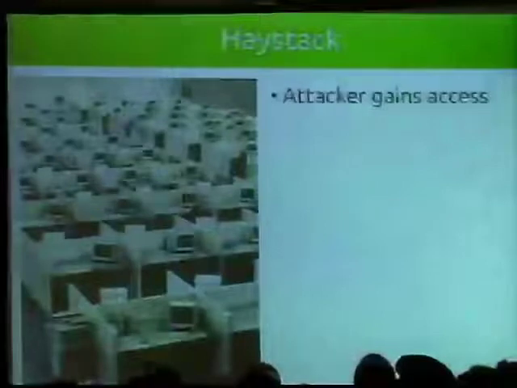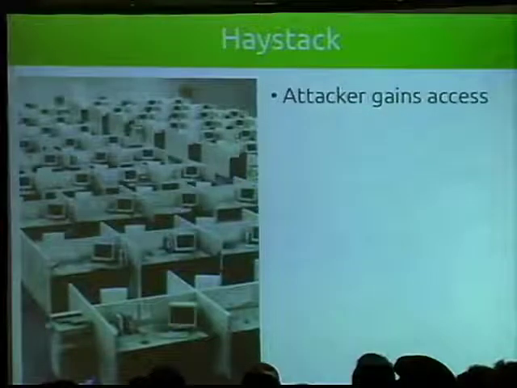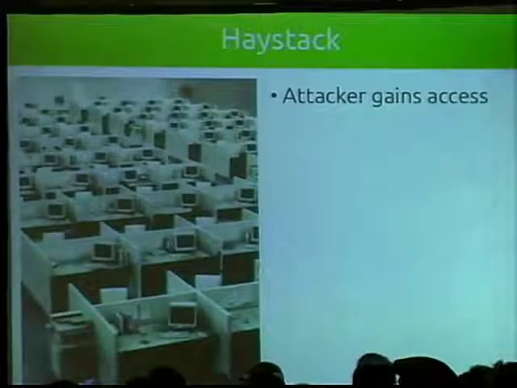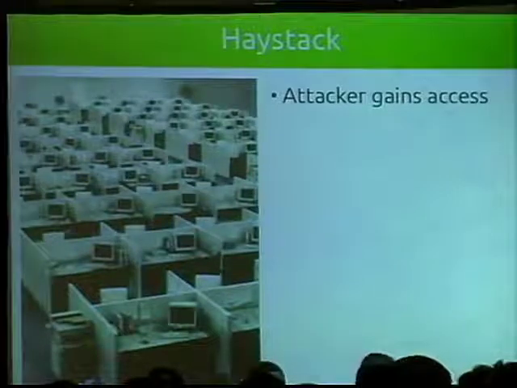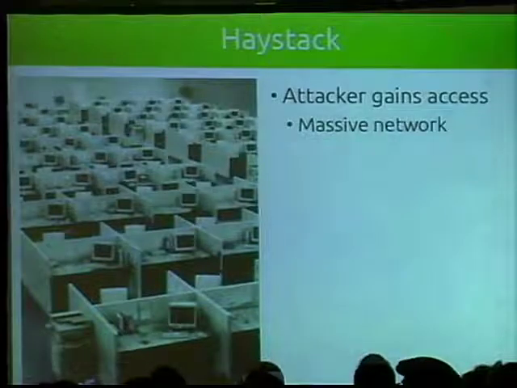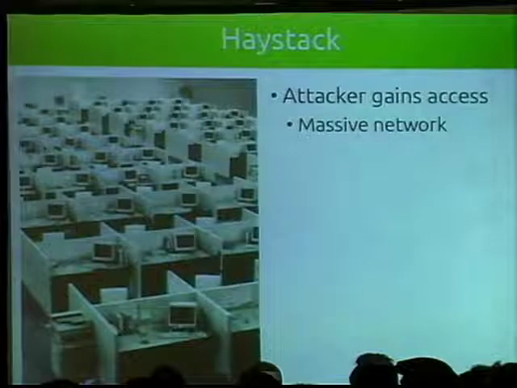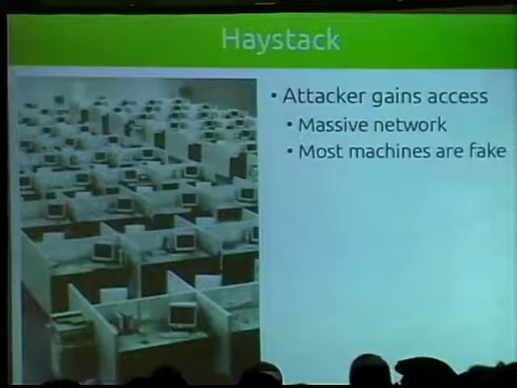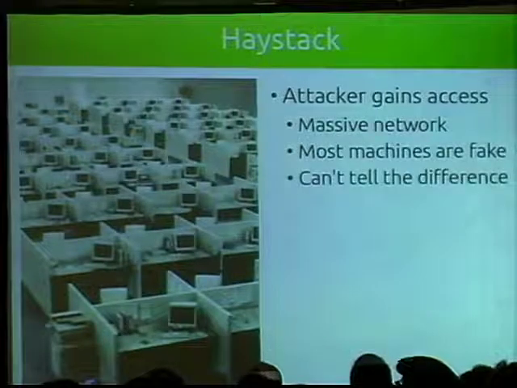Okay, so take a step back now and look at where we're at from the attacker's perspective. You're an attacker, you gain access to some network that's running this Nova system, and you see some massive network that has thousands of machines on it in some crazy complex topology. Most of these machines are fake, but you don't know that.